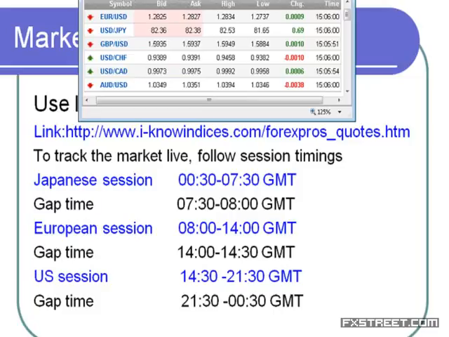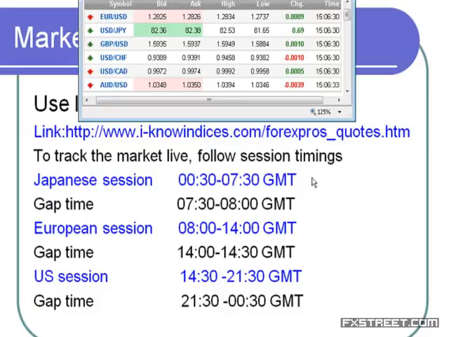14 to 14:30 GMT is again a gap time when the European banks close their transactions for the day, especially with regard to currency conversions, and the US banks open 30 minutes later. That gap is used to make an upward or downward false move, sometimes hitting the stops. So the US session starts by 14:30 GMT.